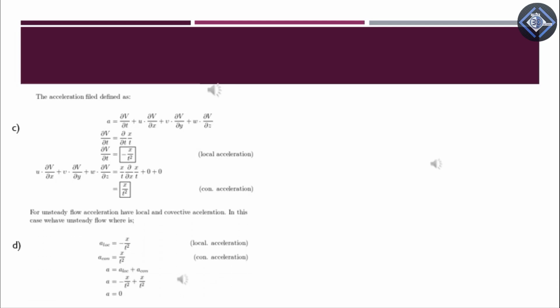In part D, we are supposed to show that the total acceleration of this velocity field will be 0. So we have already calculated the local acceleration and the convective acceleration, which you can see written as a_loc and a_con over here. Both the accelerations are equal and opposite, so the sum of local and convective acceleration will be 0, and as a result the total acceleration will be 0.